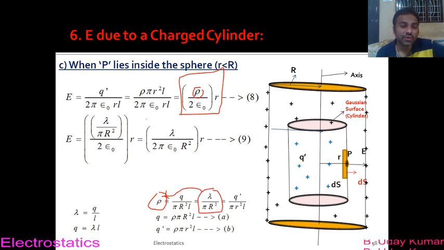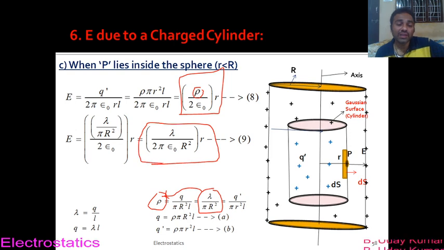So substitute rho as lambda by pi R square here. If I do so, lambda by pi R square comes to the denominator. It becomes lambda r by 2 pi epsilon 0 capital R square.